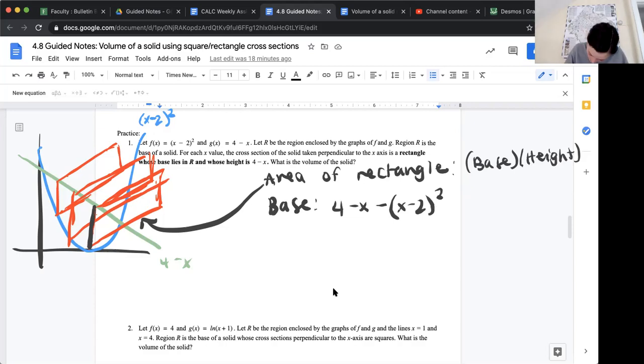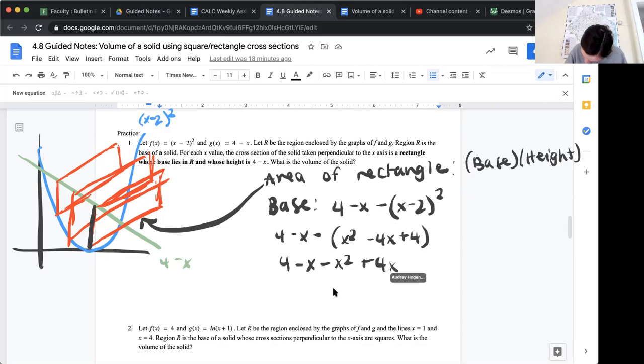So I'm going to get 4 minus (x squared minus 4x plus 4), and that's going to be 4 minus x squared plus 4x minus 4. Going to distribute that negative, and that leaves me with negative x squared plus 3x as my simplified base.